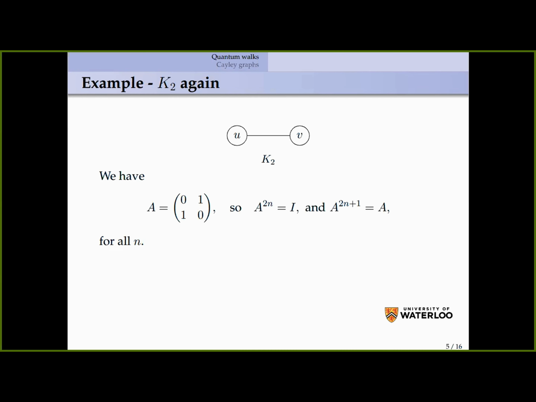So if we calculate the transition matrix, we get that e to the power of itA is this infinite sum, and we can collect the I terms and the A terms, and we pick out these two familiar Taylor series. What we get is the cosine of t times the identity matrix plus i sine of t times A.